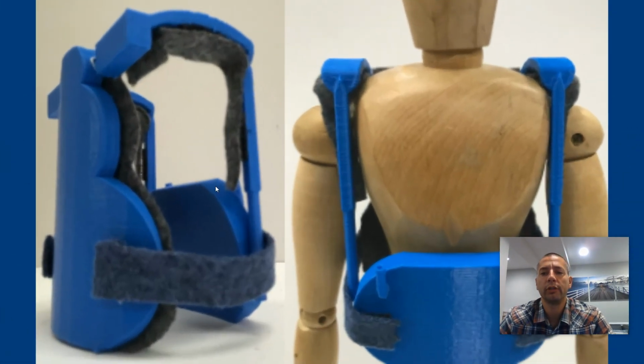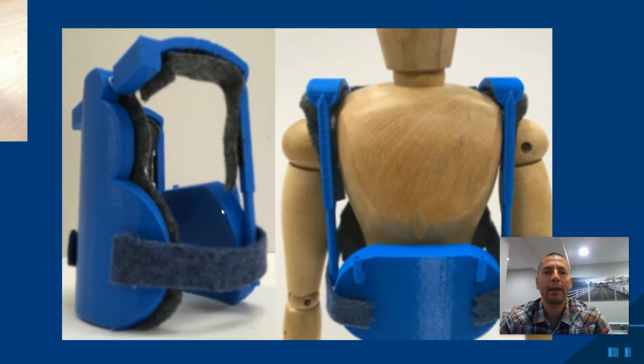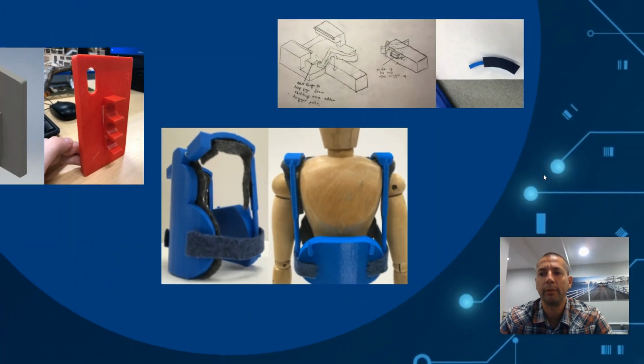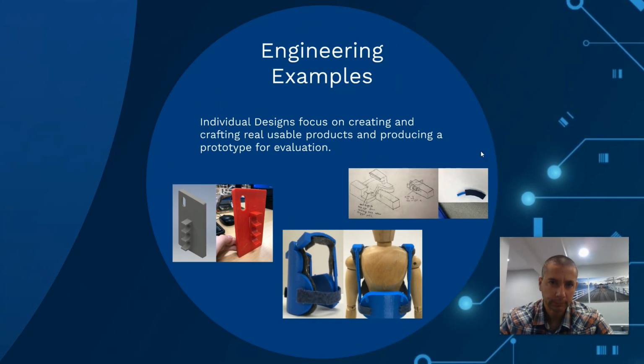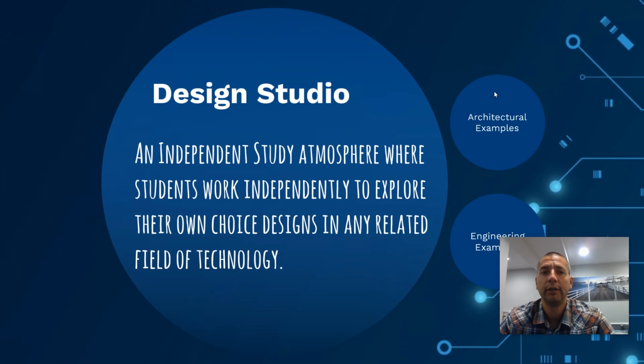And this one was a new way of creating a backpack with braces for people that had back issues. These are all designs that students came to me with a problem and said, I want to try and solve this problem. So that's why this class, Design Studio, really is all about what they want to study, okay?